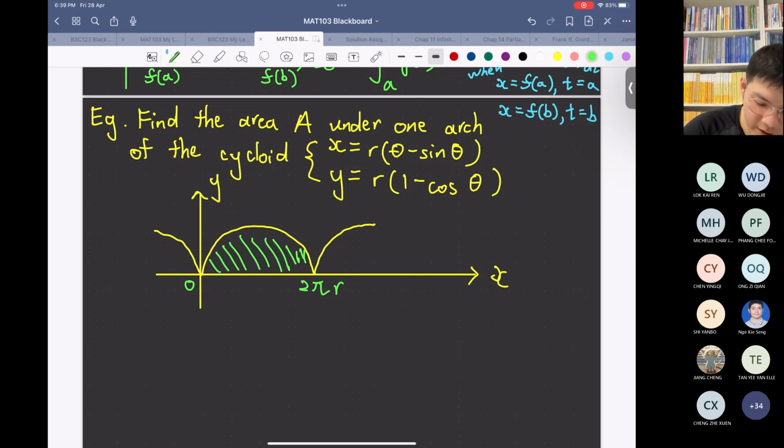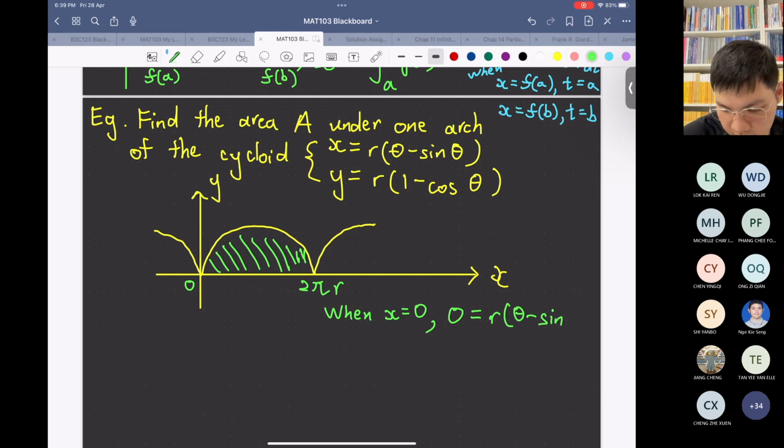Let's check when x is 0, what is our theta? We get 0 equals r times theta minus sine theta, which means sine theta equals theta. This is kind of hard.